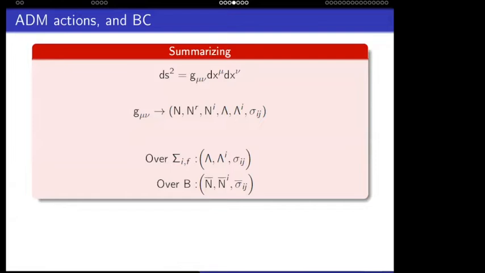So, summarizing, now you can decompose the metric in the ADM form in these degrees of freedom. If you count these degrees of freedom, you find that there are 10. But at the space-like and the spatial boundaries, you fix 6 degrees of freedom.